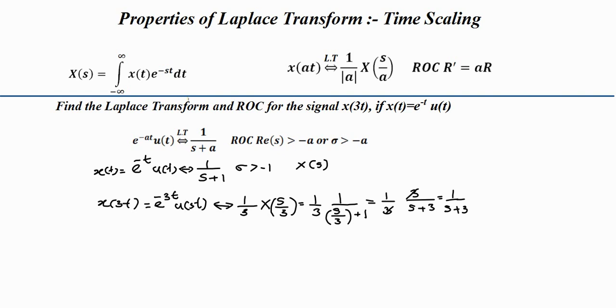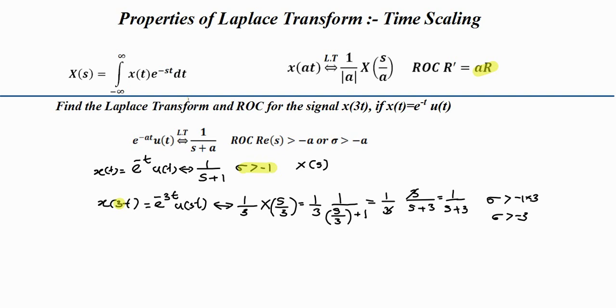And about the ROC, initially the ROC is sigma greater than minus 1. So now we can see that it's a into R, which means we need to multiply by this constant a. In this case a is equal to 3. So you can write the ROC is sigma greater than minus 1 into 3, so sigma greater than minus 3.